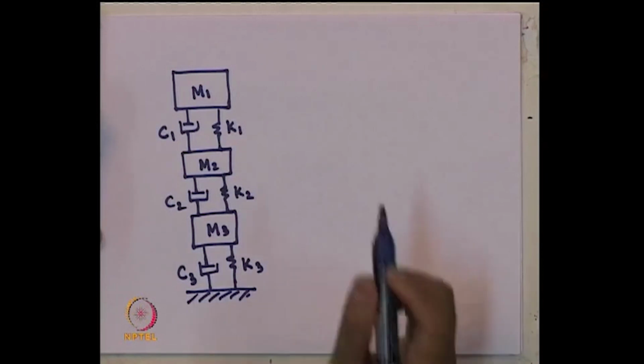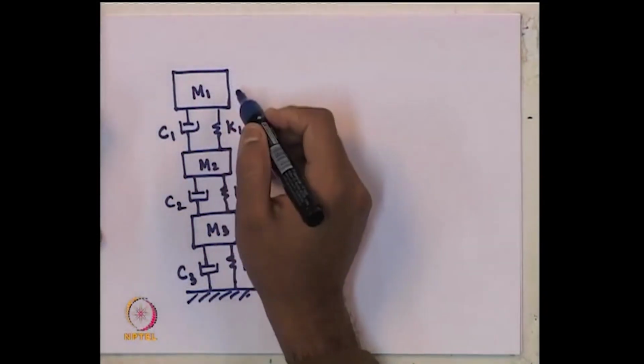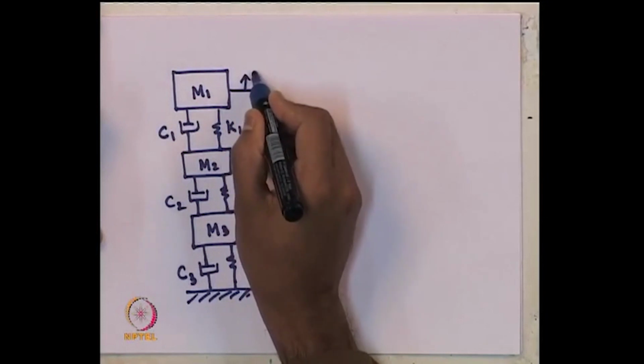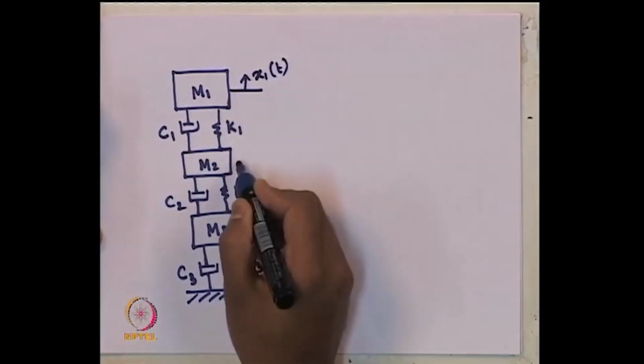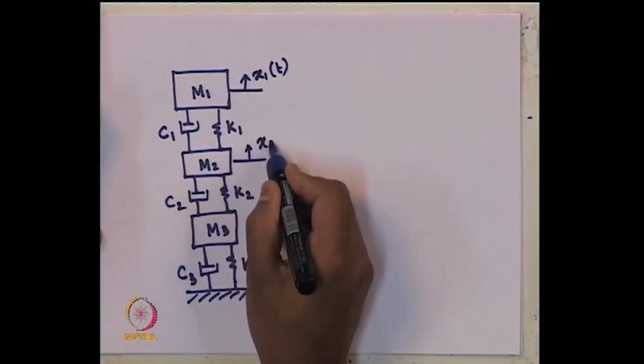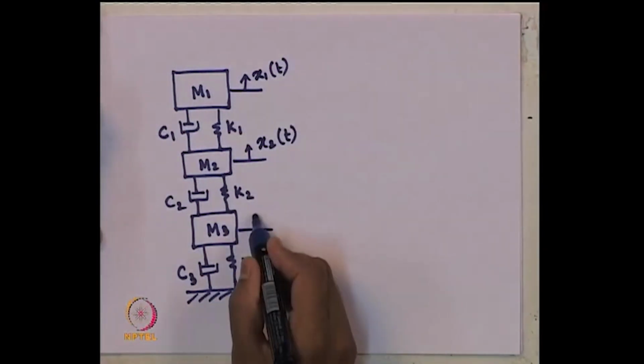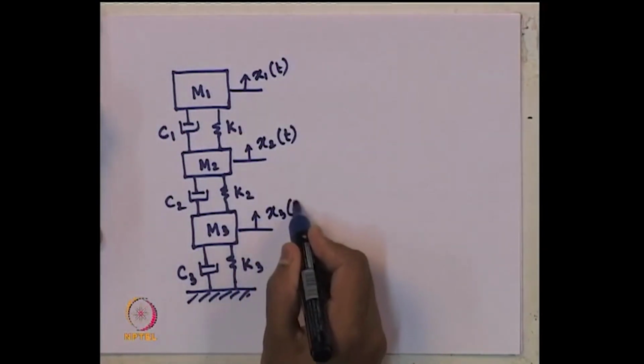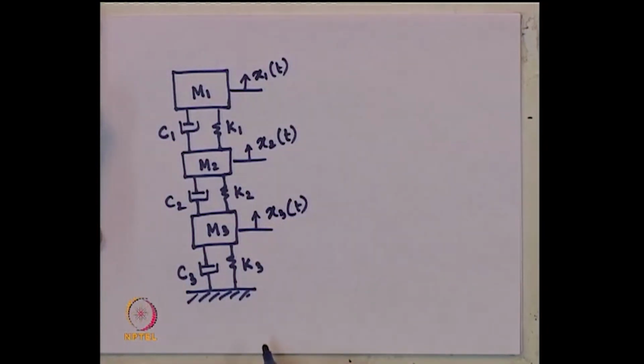Now, what are the degrees of freedom of this system? This is x1(t), this is x2(t), this is x3(t). So, I have drawn a system with 3 degrees of freedom, x1, x2 and x3.